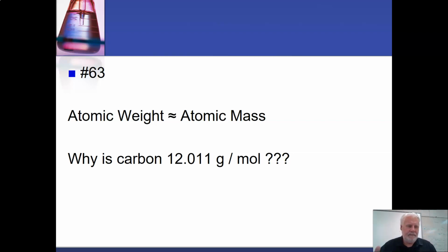Yeah, 99% of it is carbon-12, but there's a small percentage that weighs more, and some carbon-13 thrown in there every once in a while. So that causes that average to go up a little bit higher. And that's kind of what that question is getting at.